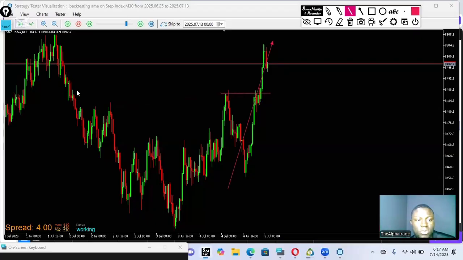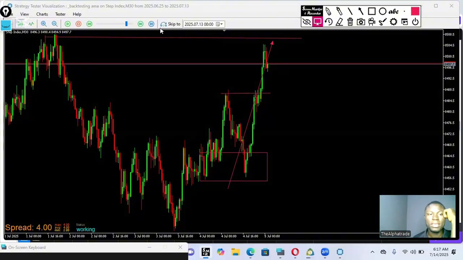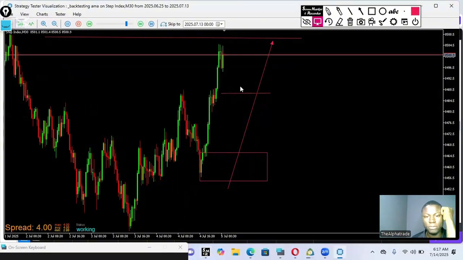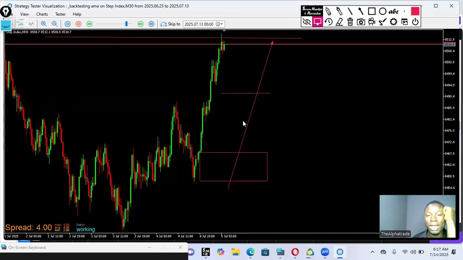Then there's no other high here, so this one will be your last TP. So here you're taking two profits, and this was our entry level here. You can see price has gone our way and is moving so well. Our final TP smashed.